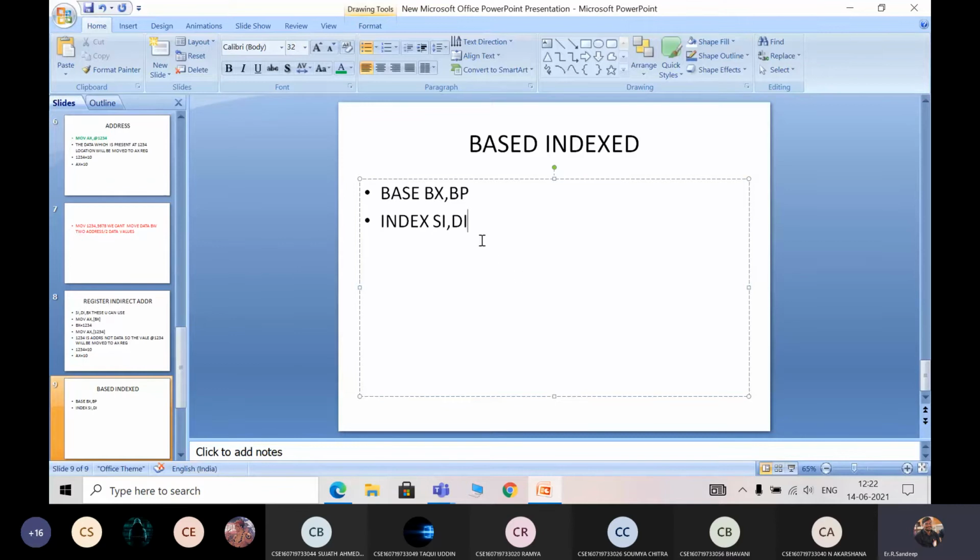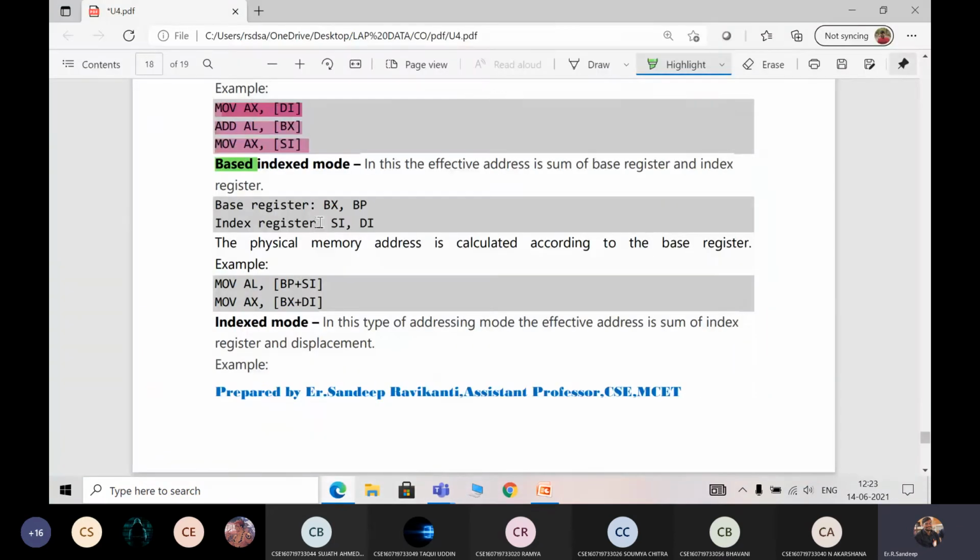So together if you are clubbing these two things, this is for base and this is for index. If you combine them, that means BX comma SI, that is based indexed, making use of base and index.